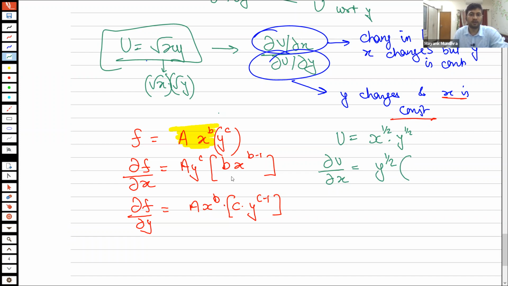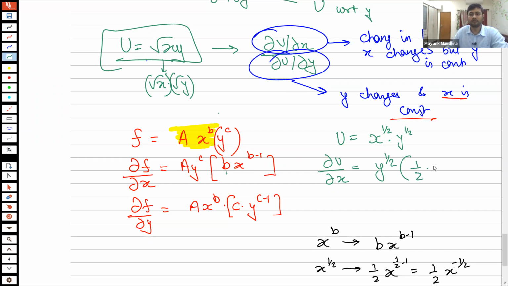So you take b as half. Like I told you, the differentiation of x to power b becomes b x to power b minus 1. So the differentiation of x to power half would become half x to power half minus 1, that is half x to power minus half. So this would become y to power half into half into x to power minus half.